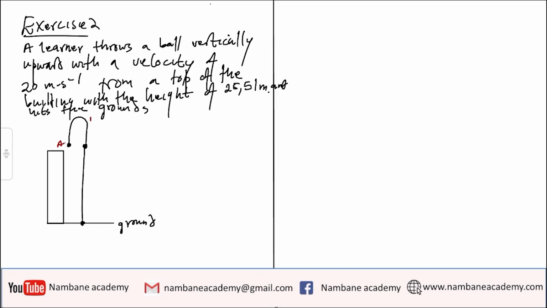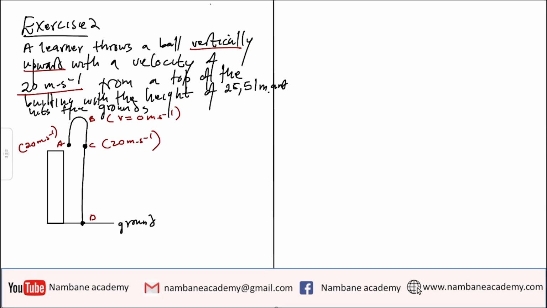Add A, B, C, D. Given information: vertically upward with a velocity of 20 meters per second at A. At the maximum height, V is equal to 0 meters per second. At C, 20 meters per second.